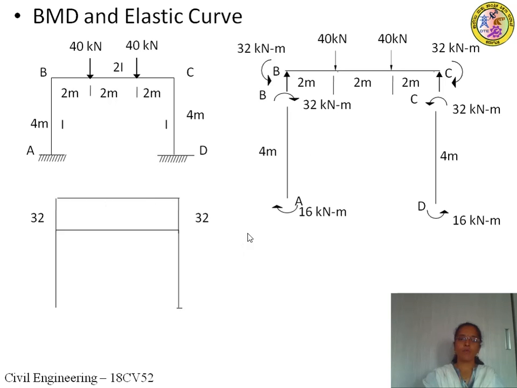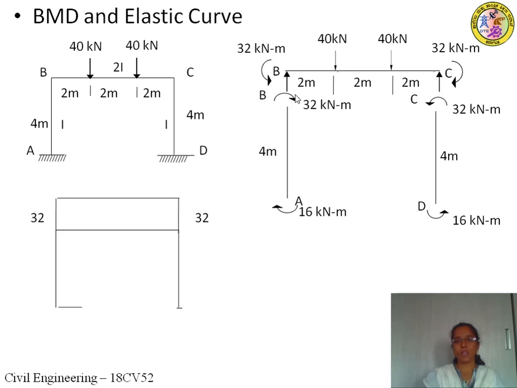Next we will draw it for the vertical member. Use the thumb rule at joint A. The thumb is moving towards the right side of the vertical member. Therefore mark it towards the right side for 16 kilonewton meter.